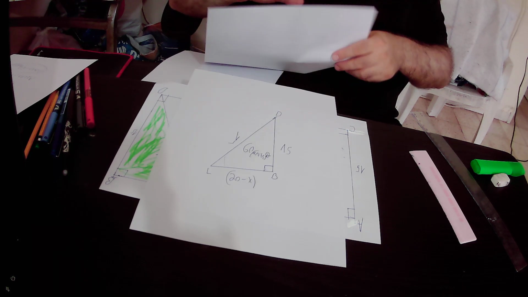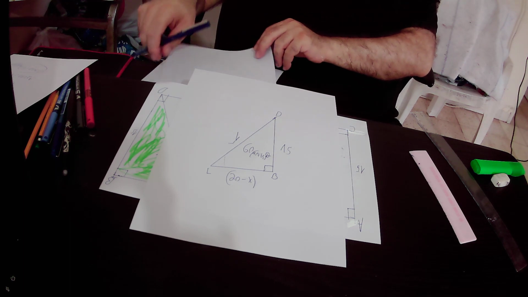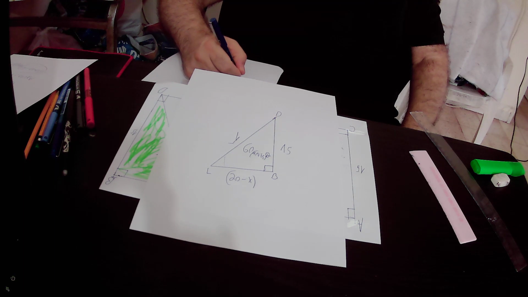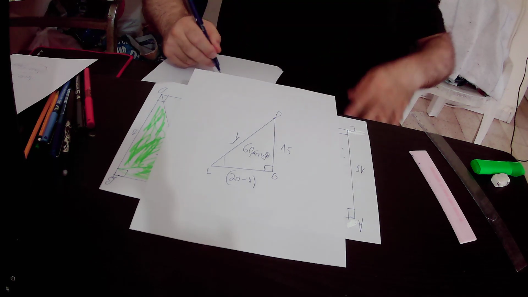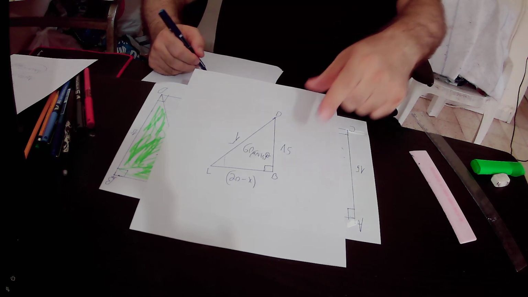Okay, so the area of this right triangle will be equal to the base of the triangle, that is 20 minus x, times the height to the base.